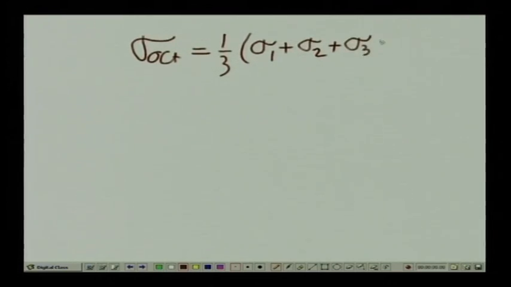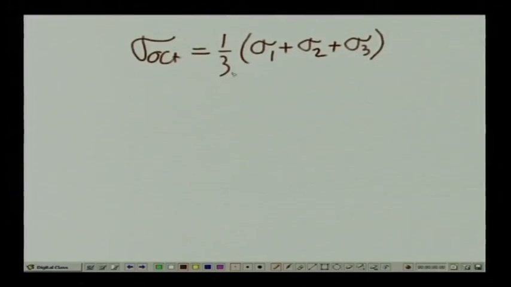We had defined the octahedral planes as the planes which are equally inclined with the principal axis reference system, and thereby the stresses acting are sigma 1, sigma 2, sigma 3 in the rectangular stress system. The octahedral stress, as we had defined, is 1/3 of sigma 1 plus sigma 2 plus sigma 3, which is the summation of the normal stresses in a 3-dimensional stress system, and we call this the first invariant.